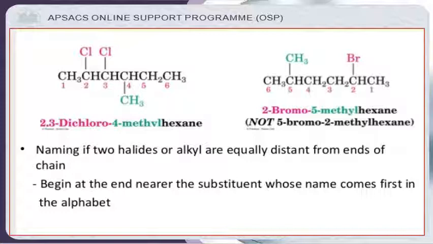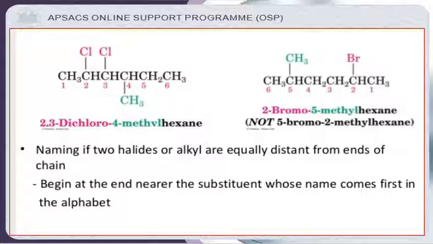When we start from here, the methyl is on second position. When we start from here, the bromo is on second position. We prefer halogen. So you must remember that when the position of the substituents is the same in the naming of alkyl halide, we consider the halogen first in the numbering.